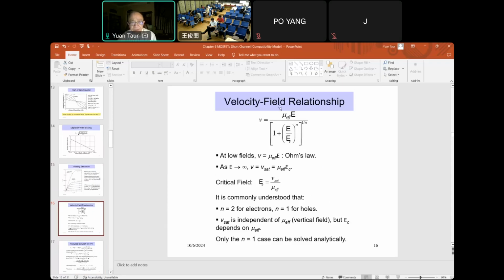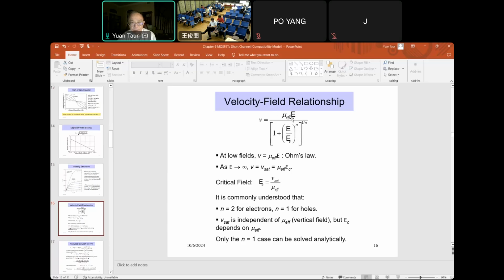Typical velocity field relationship is shown here. This type of expression is empirical. Basically, for the low field, velocity is equal to mobility times field, V equal to mu E. For high field, we add a denominator term that is 1 when the field is low.